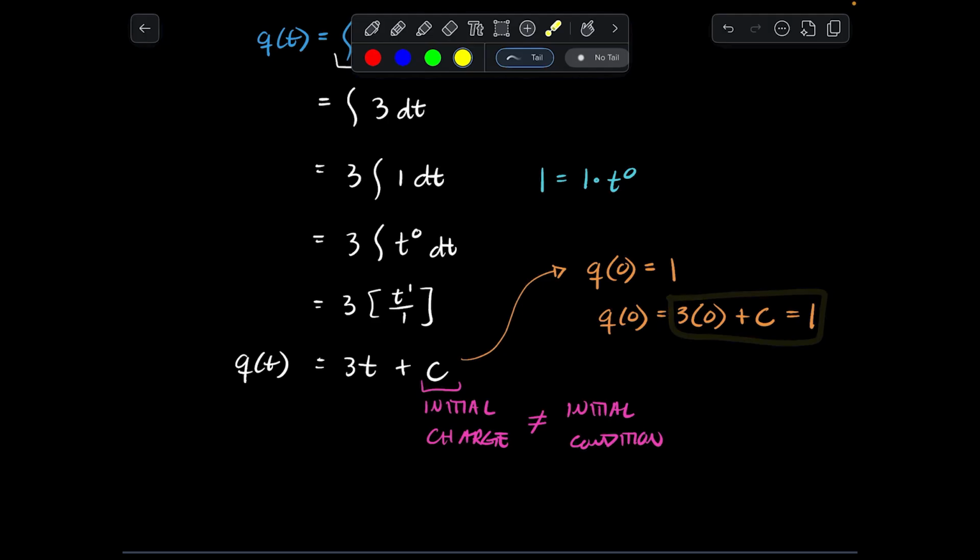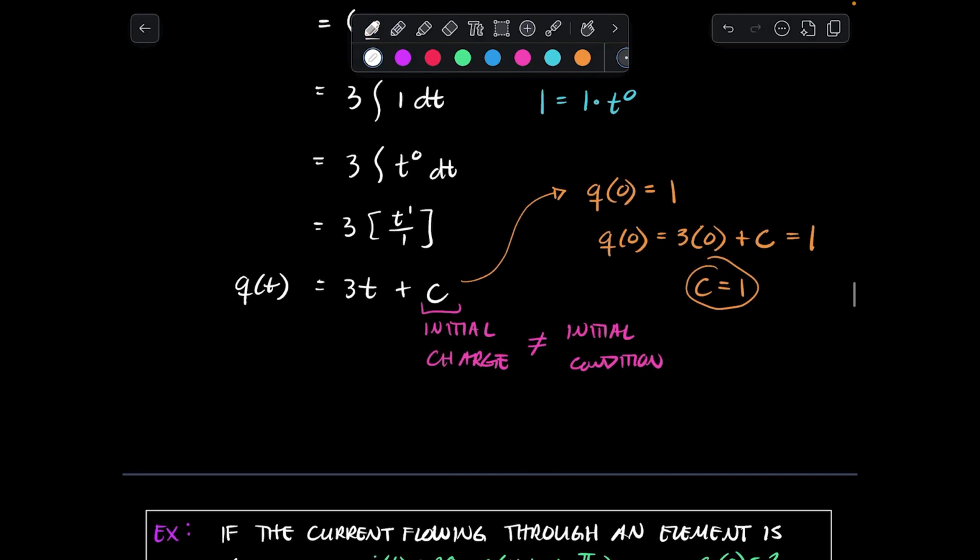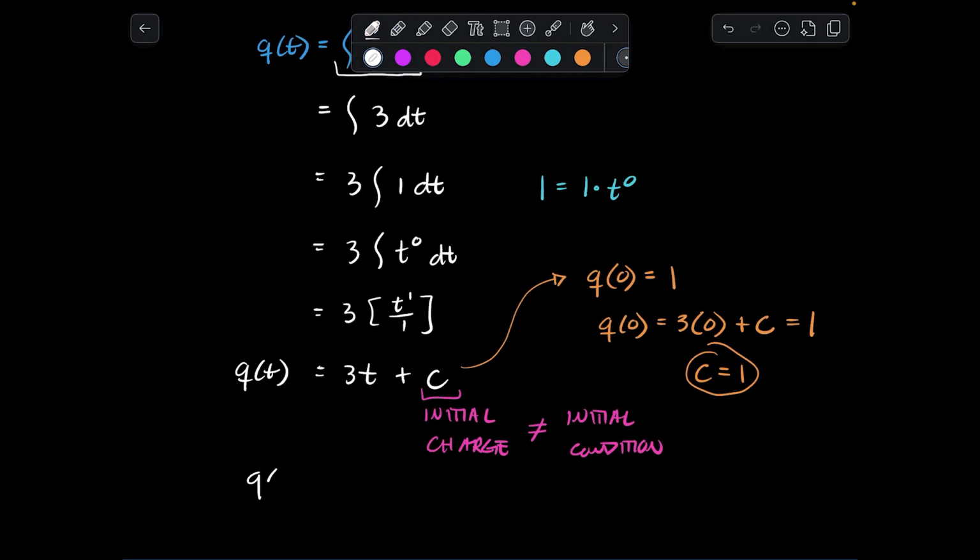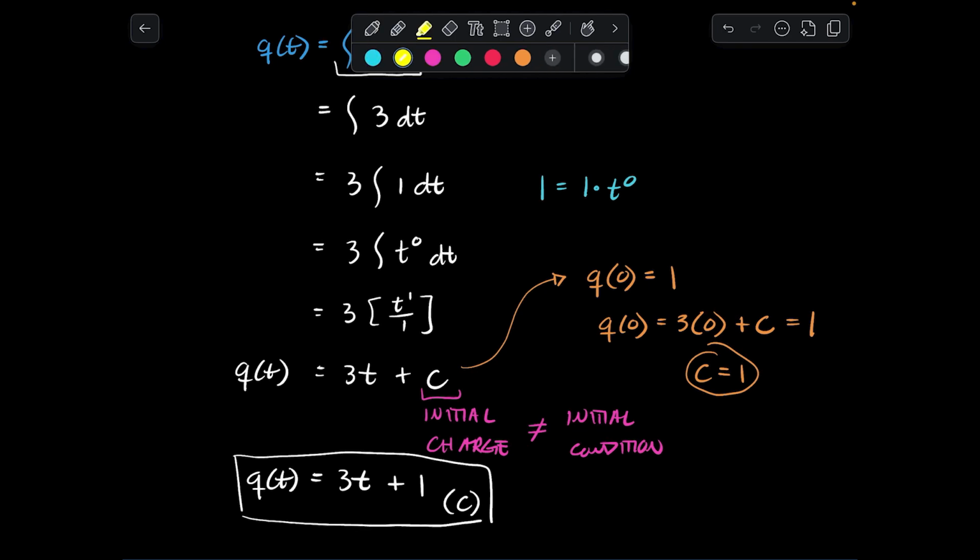Therefore, C is equal to 1. And now we have our complete equation, 3t plus 1. And again, let's not forget our unit of coulombs. And this is our final answer.